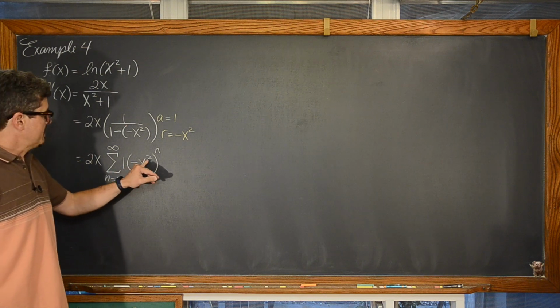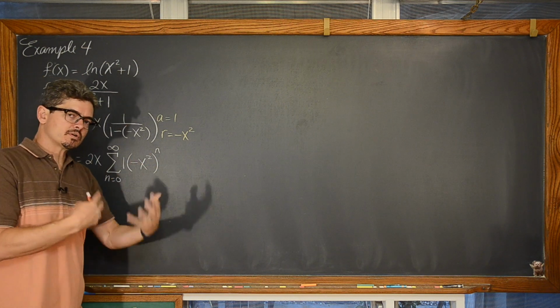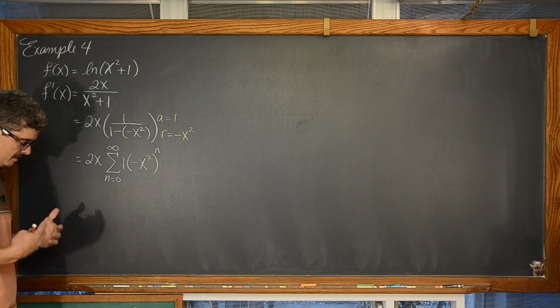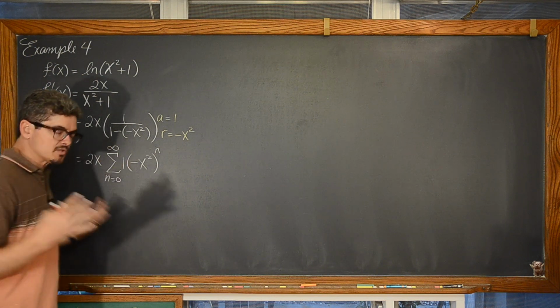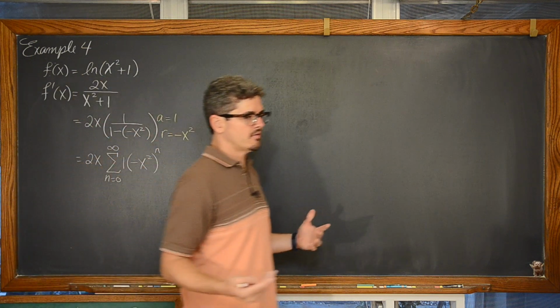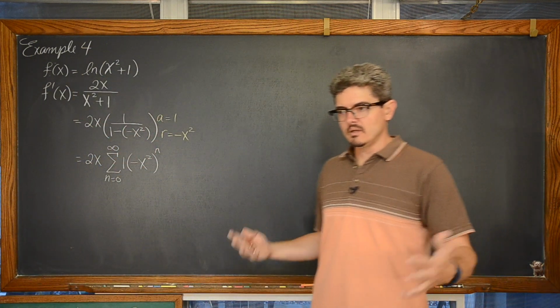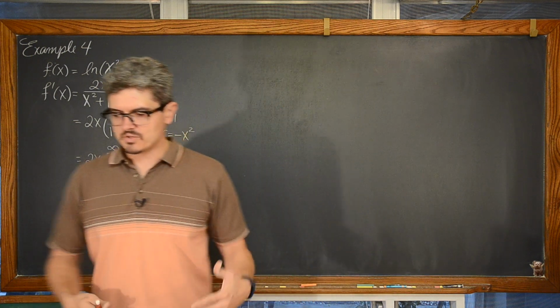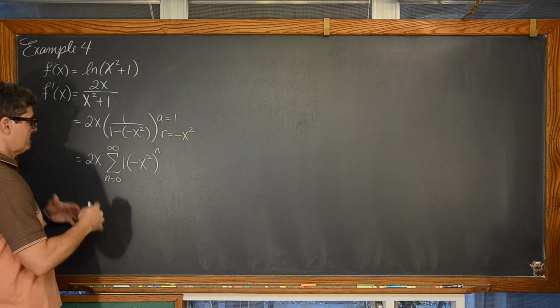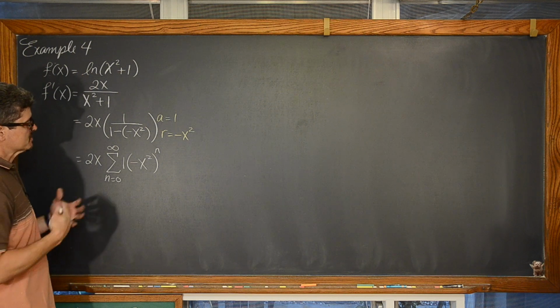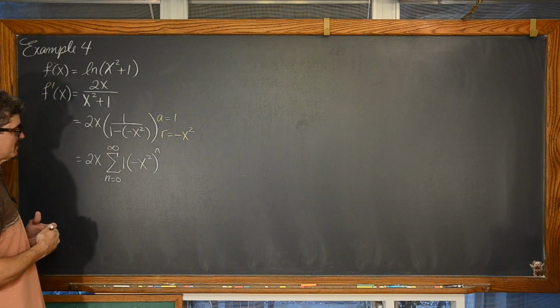And you see how we have some powers in here? We're starting to get into that second operation of geometric power series, which means that when we get to our final answer, we're not going to just say the absolute value of r is less than 1 and have some easy interval of convergence. I hope it's not too difficult, but we're going to have to actually work through the ratio test and test the endpoints to find our final interval of convergence, because we're starting to use some of those operations of geometric power series.